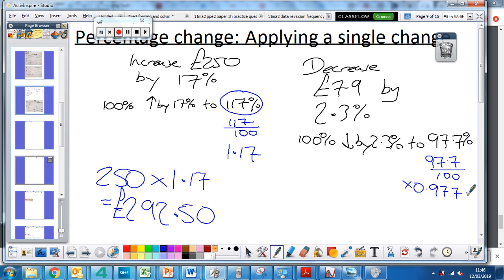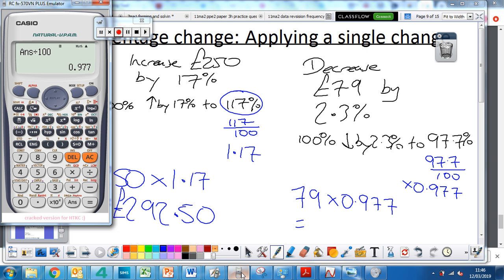So our calculation then becomes 79 multiplied by 0.977. We put that into our calculator and it will tell us the result of reducing £79 by the 2.3%. So 77.183.